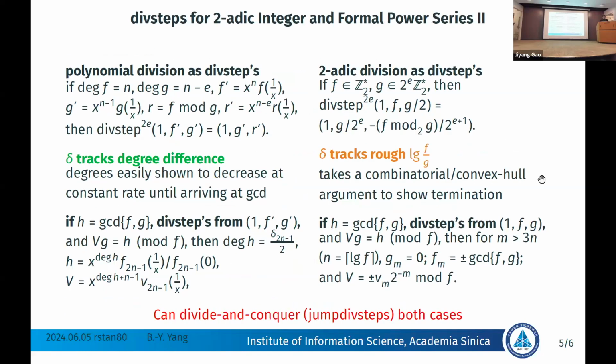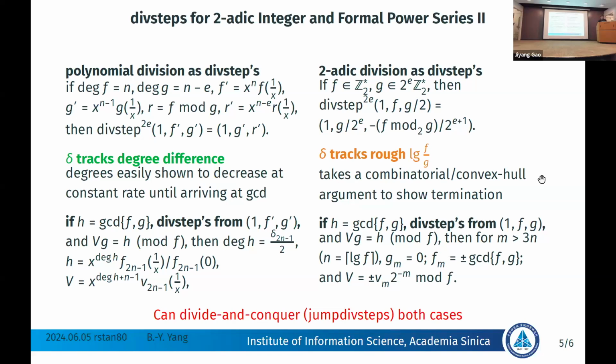So this sequence of divsteps becomes a sequence of two-adic integers if you count exactly how many steps there are, and we can compare these two. For exactly 2n of these steps, where n is the number of bits, this completes a GCD.